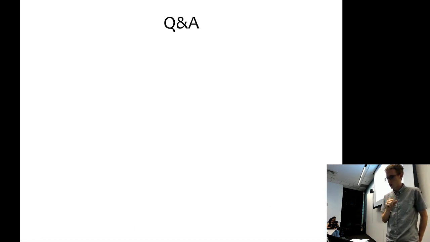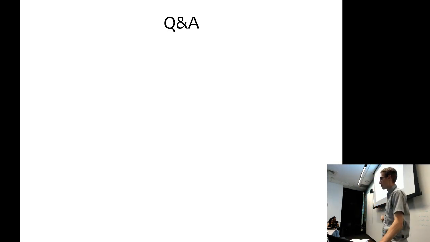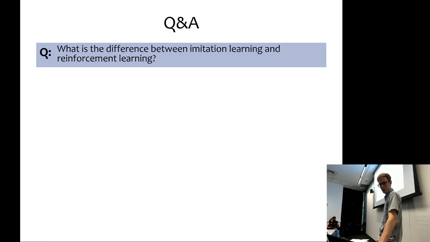Okay, so any other questions? From last time, learning to search, RNN. Okay, so one good question that came up after class was kind of pushing me on this: what is the difference between imitation learning and reinforcement learning?